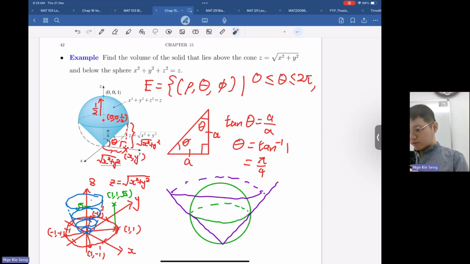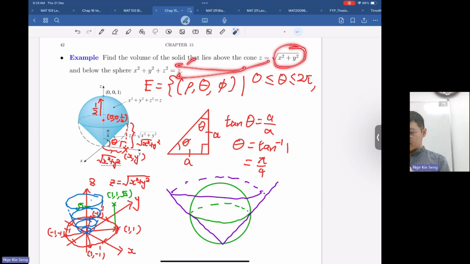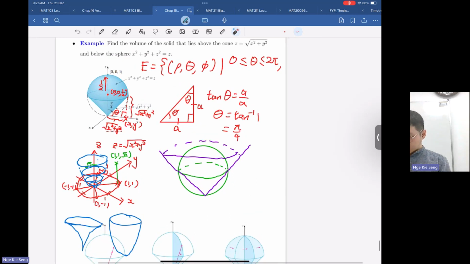So you can substitute this expression into the z inside your sphere, and then see what x, y will satisfy this kind of z. Makes sense? Okay, so let us try.